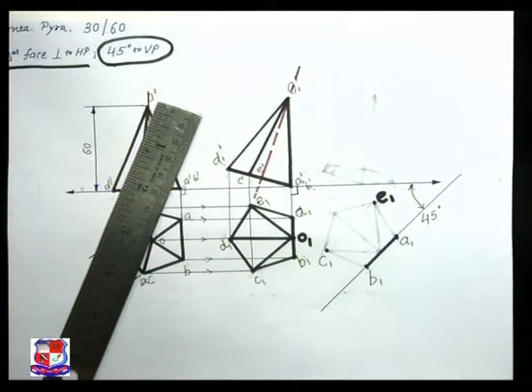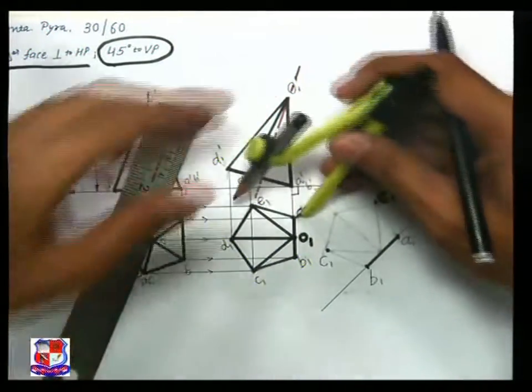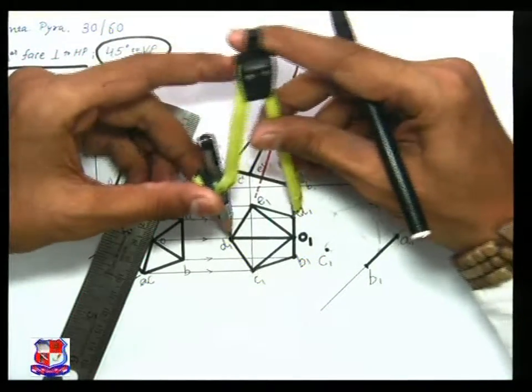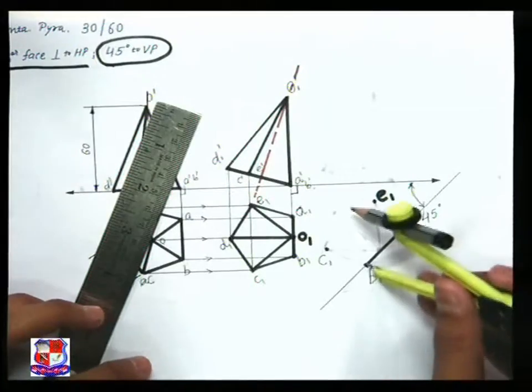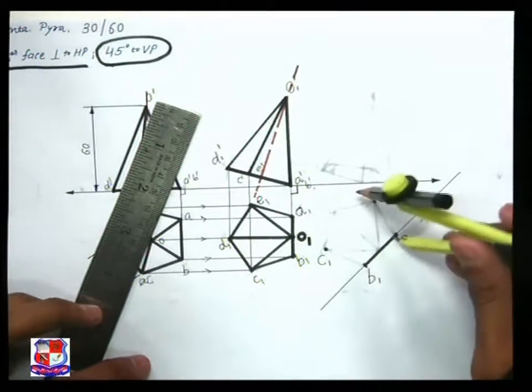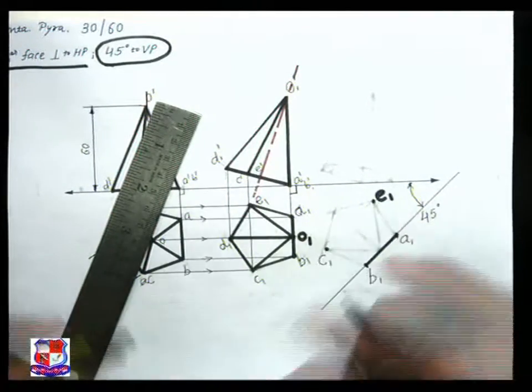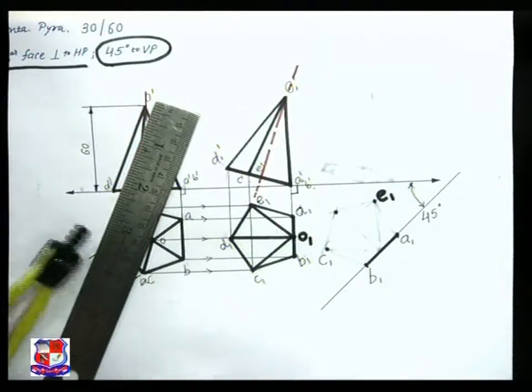Similarly, point D1 can be found by drawing arcs by measuring the distances A1 to E1 and B1 to E1. Both distances would be the same. So with A1 as a center, draw an arc, and the point would be somewhere here.